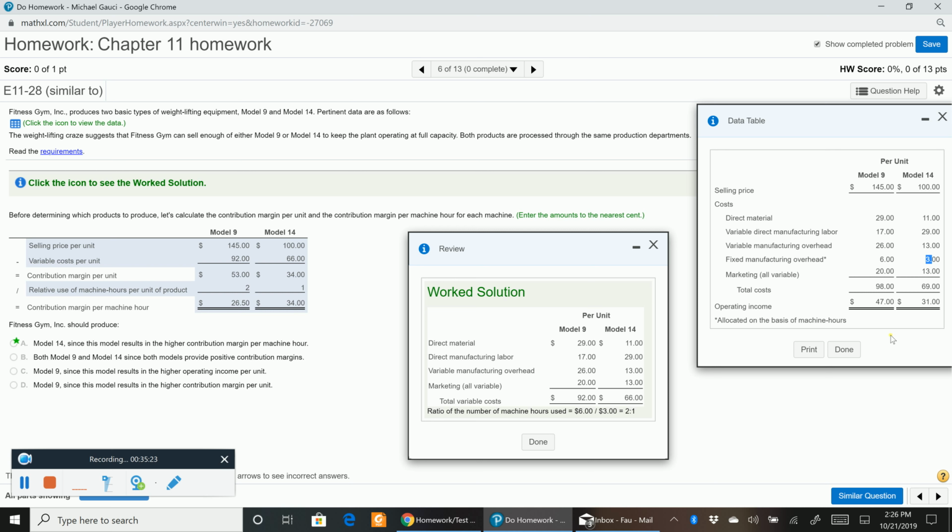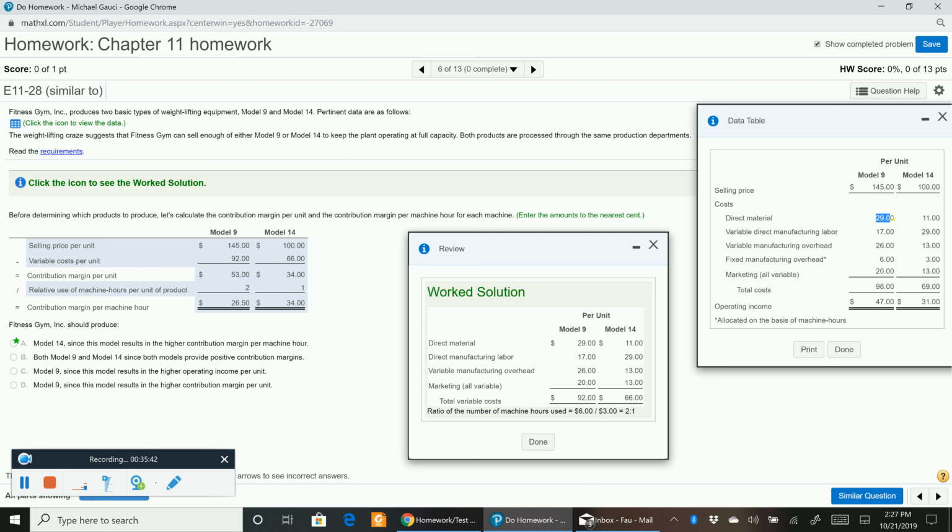All right? So when we come back here to our calculation, we're going to take our selling price for both, which the author gave us, and we're going to consider not total costs, remember, but variable costs per unit. What are the variable costs for Model 9?